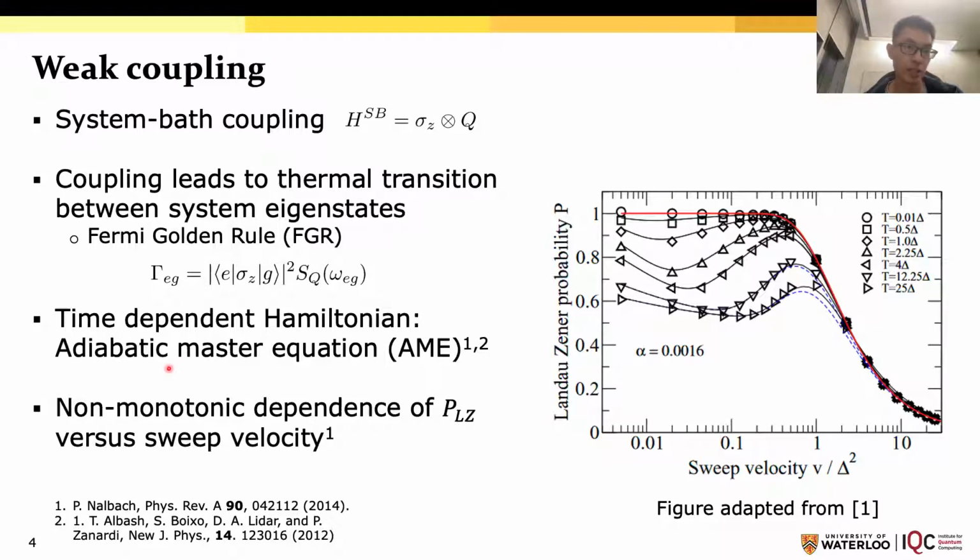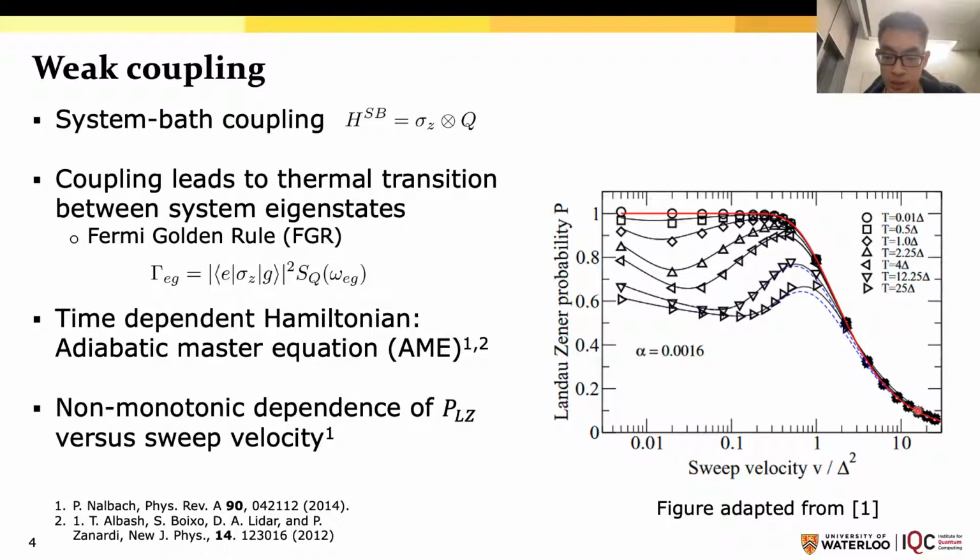When applying this adiabatic master equation to the Landau Zener problem, it has been predicted that in general, coupling to the environment will produce a non-monotonic dependence of the transition probability on the sweep velocity. And that's given by this graph here.